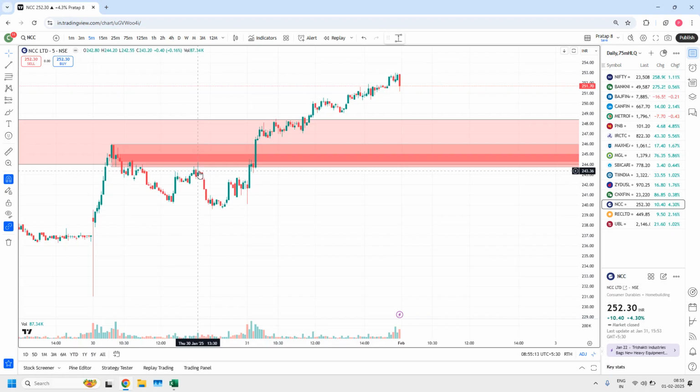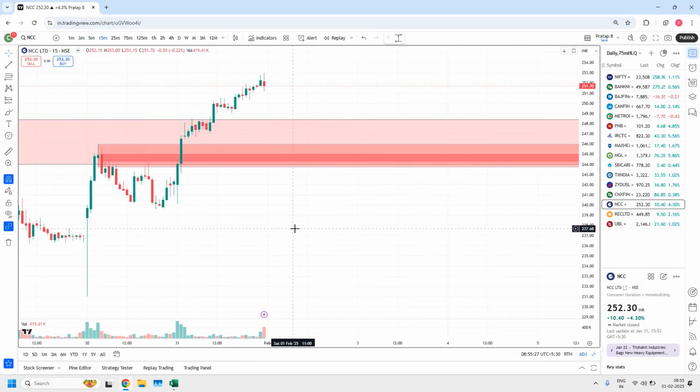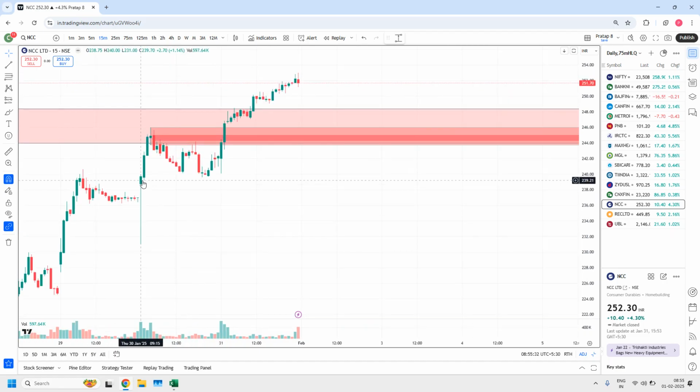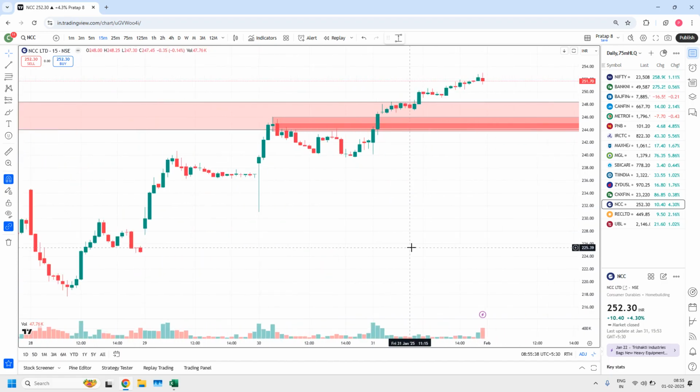Again, same day, at 13:20 it gave, again came down up to previous low, a little below that it has given. Okay, anyway, NCC, we know that this zone will be violated. That is what happened.